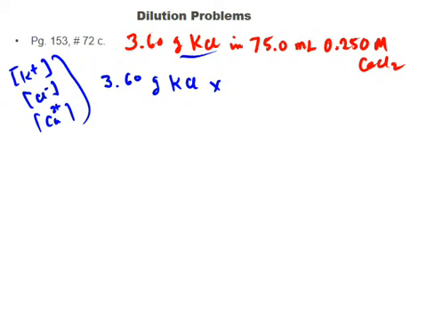Look at the periodic table for the masses of K and Cl, add them up, and this is what I got. 1 mole KCl divided by the gram of KCl, which would be 39.1 for K and 35.5 for Cl.